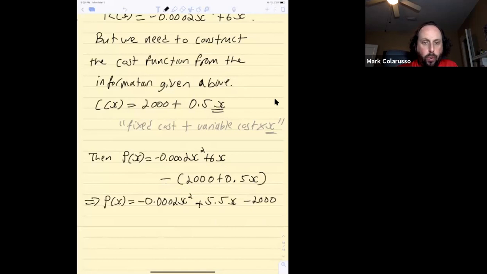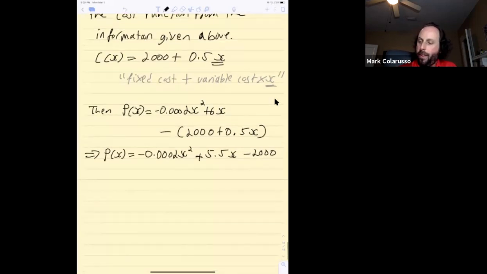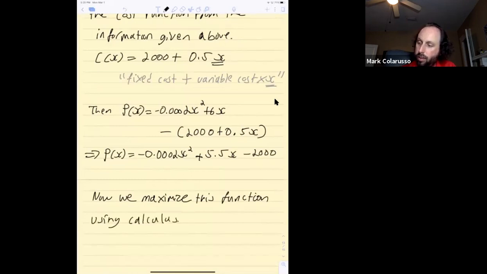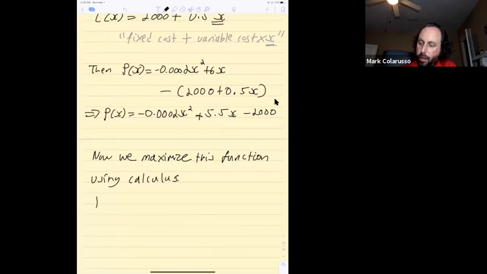Now, this is the thing we want to maximize, so we maximize it using calculus. P prime of X, taking the derivative, is minus 0.0004X plus 5.5.